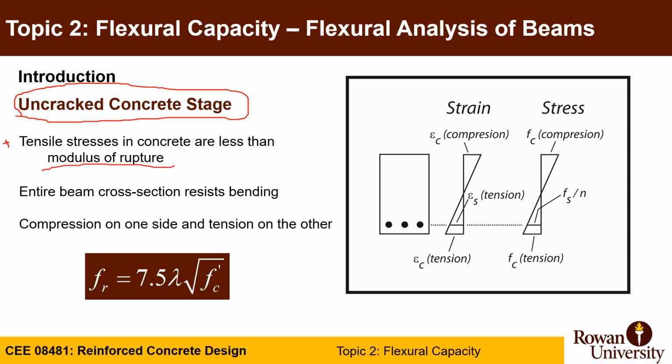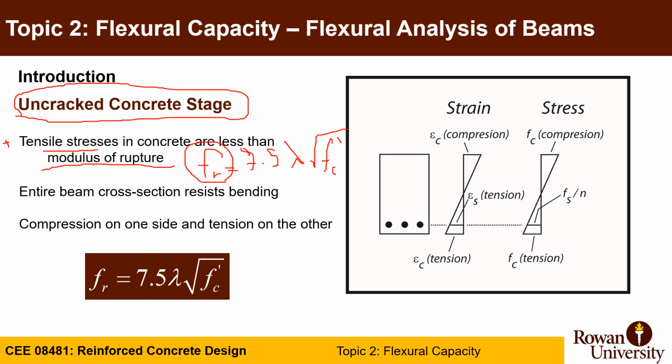You know how to calculate the modulus of rupture from before: f_r is equal to 7.5 lambda square root of f'c. So you can make the stresses related to the modulus of rupture equal to the tensile stresses in the concrete, and this assumes this is the stage where the concrete will start to crack.